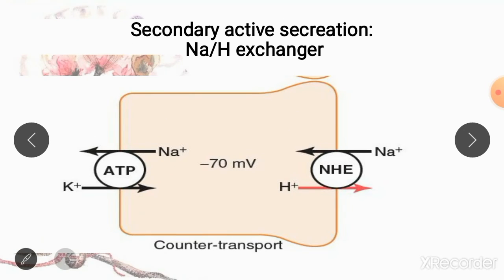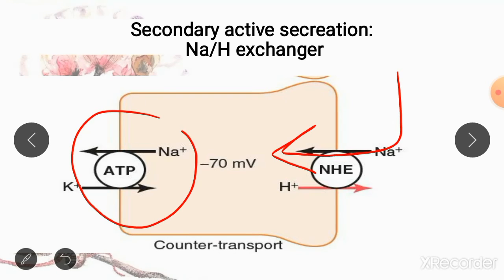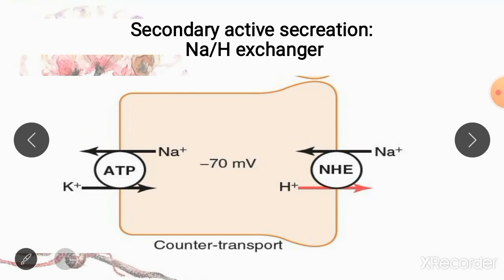Here we have an example of secondary active secretion, and here we have an antiport or counter transport. So sodium enters into the cell along its concentration gradient, and this concentration gradient is being provided by the sodium potassium ATPase pump, and it pushes out hydrogen against its concentration gradient, and you can see that the direction is opposite, so this is known as an antiport or counter transport.